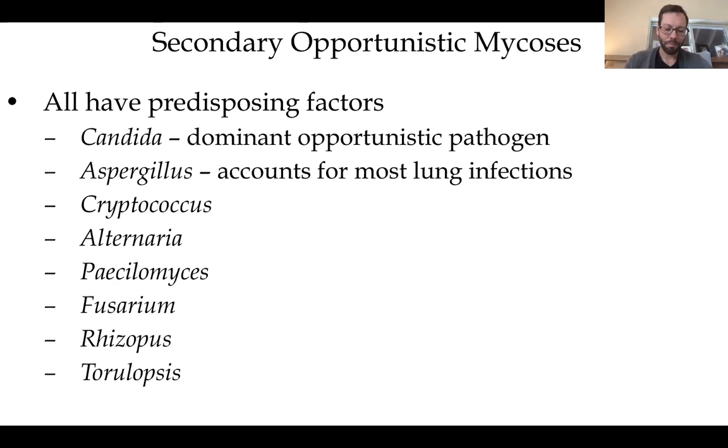Whether you're having chemotherapy that is just indiscriminately wiping out your immune cells, or you have an autoimmune disorder and you need to take medicines to tame your immune system, then it opens up the possibility for these secondary opportunistic infections to come and take hold.